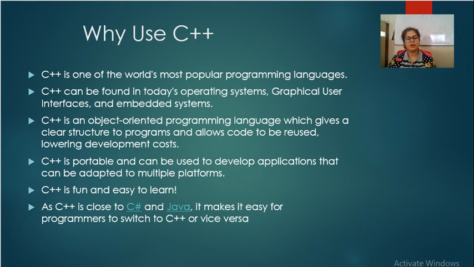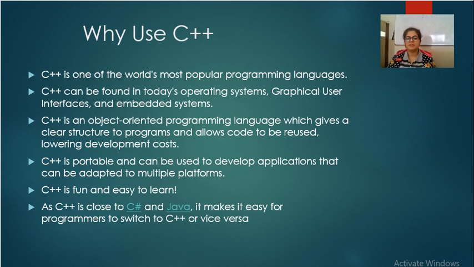C++ is fun and easy to learn. It is a very simple language to learn, and it is easy to work in C++. C++ is also very close to C Sharp and Java. Students, Java is the extended version of C++, as C++ is the extended version of C language. Java has all the features of C++ as well as some features of its own.